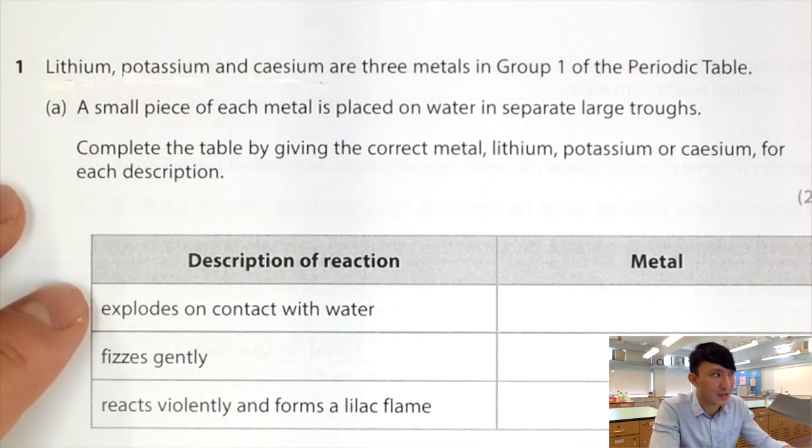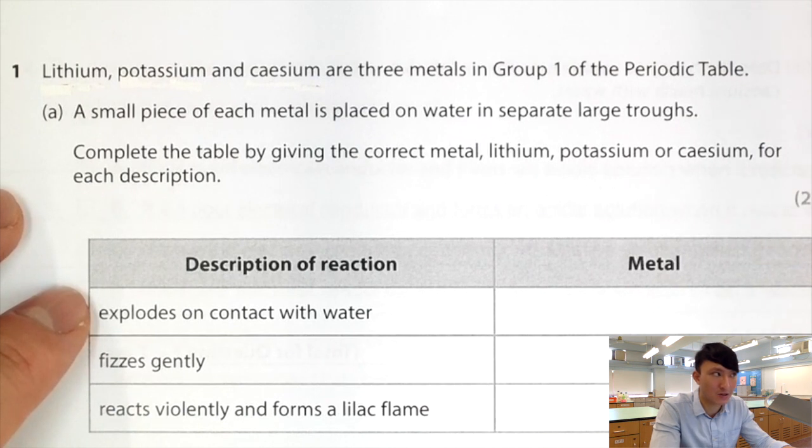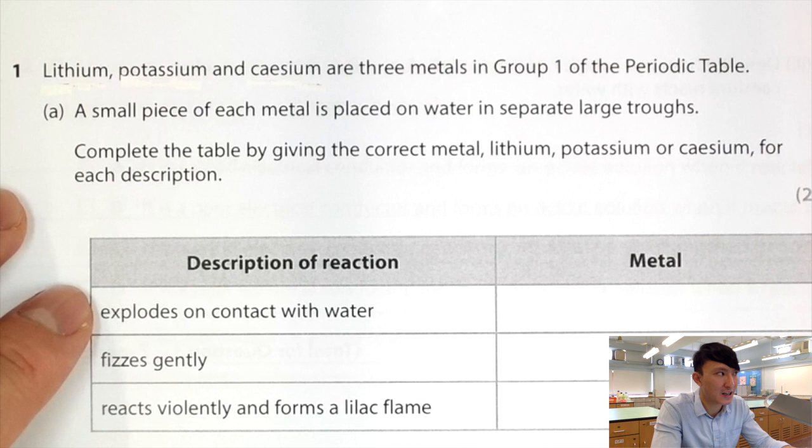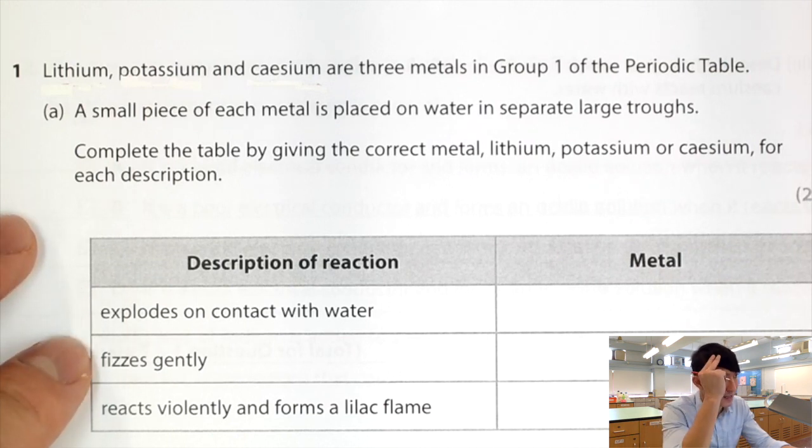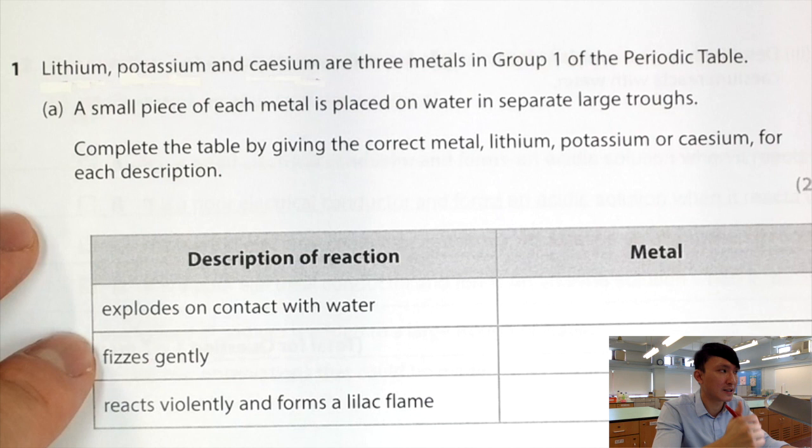And the first one here, you see it explodes on contact with water. So this is a very vigorous description of an observation that is probably for the one that is the most reactive. So here, the second one, fizz gently. So it is a very mild observation, probably for the weakest, the least reactive metal.